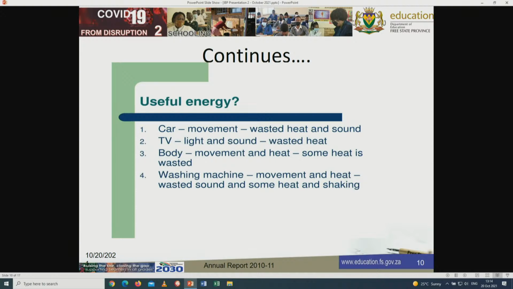But also, there is going to be wasted energy in the form of heat from that TV. Useful because there is light from that TV. Sound, we can hear from that TV, but there is going to be wasted energy in the form of what? In the form of heat.